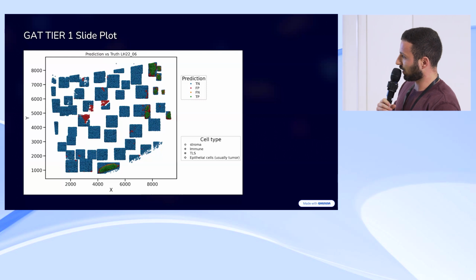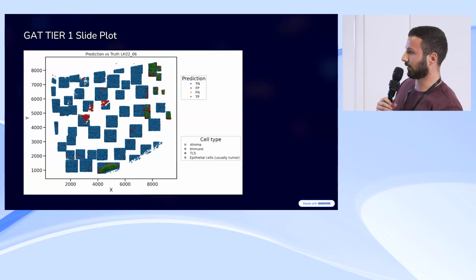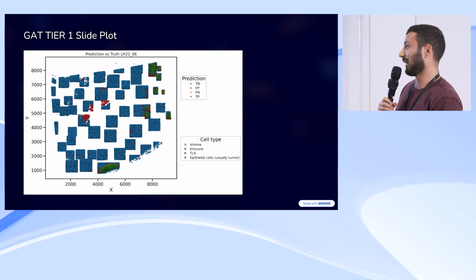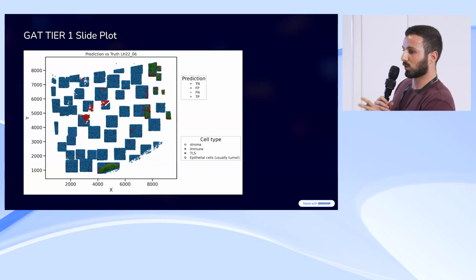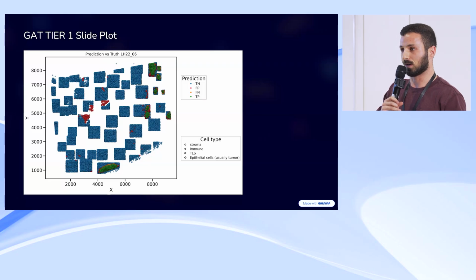We can see we have a lot of islands here of false positives, but like Alex said, it might mean that maybe they're immune cells that might become TLS, or the model just makes mistakes, but we need to investigate it. But this is what we would expect from a GNN model.